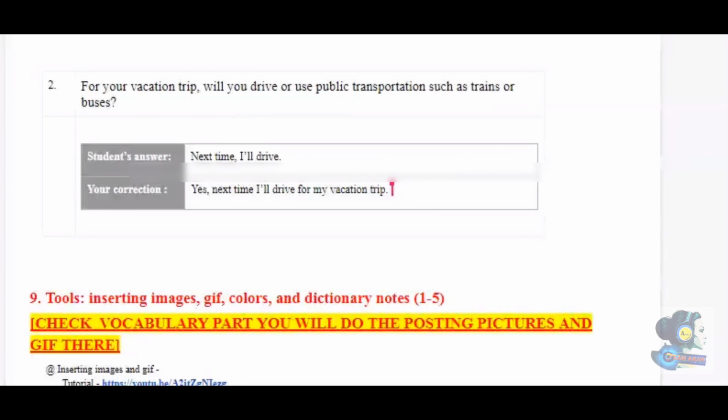Yeah. Why would you like to drive instead of using public transportation? Yeah, that's great. We can actually travel shorter when we are using our own car rather than taking public transportation.